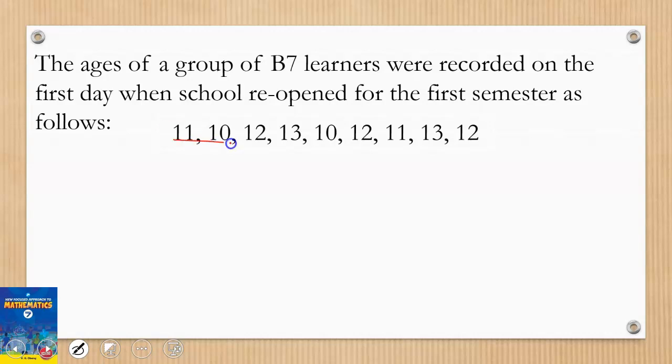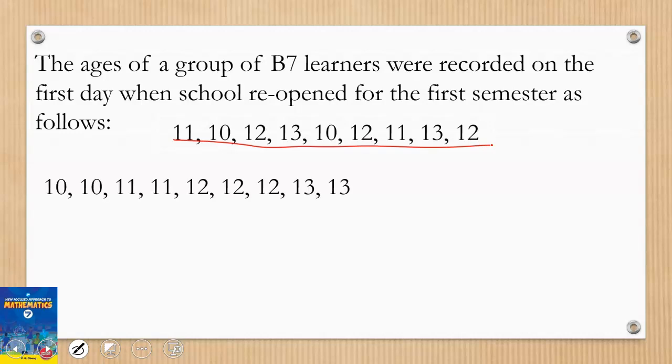First of all, I will check the data. It is not arranged in order of magnitude. So what I have to do is arrange it. Now the arrangement can be done in ascending or descending order. Either way, they'll give you the same answer, right? So arranging them in ascending order, as I have here, I can look at it by inspection.